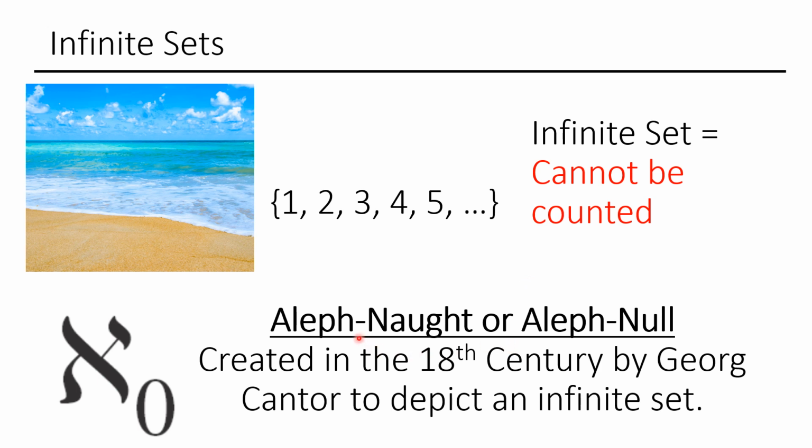It was created in the 19th century by Georg Cantor, and it's basically just a way for us to depict an infinite set. The only reason I tell you about this is because you're going to see this weird looking symbol and this terminology in your homework.